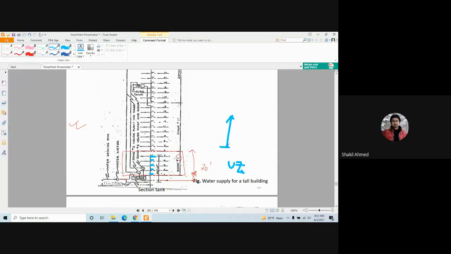Highest pressure is here, and as we move upward, the pressure decreases. Now, if minimum pressure is met here, then of course all other floors will meet the minimum pressure.